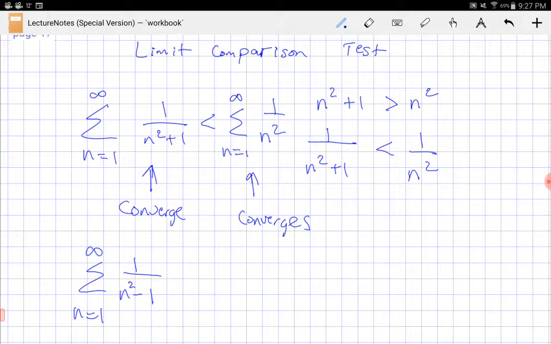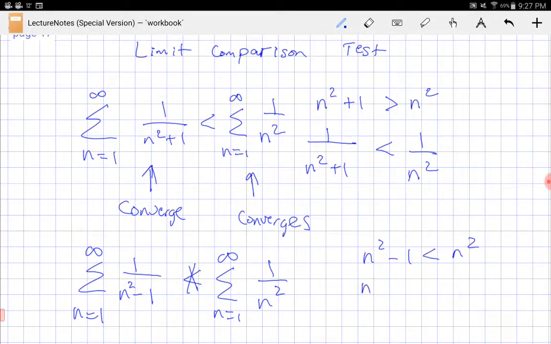However, this comparison is no longer valid because n squared minus 1 is less than n squared. So 1 over n squared minus 1 is now greater than 1 over n squared, and we can no longer make this comparison.